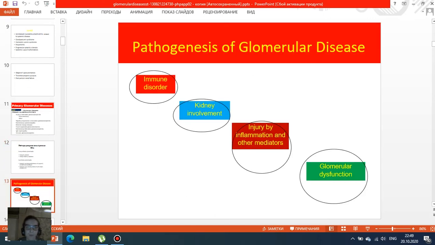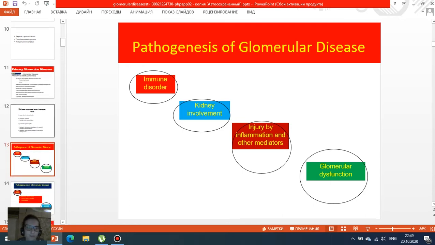In this table you can see pathogenesis of glomerular disease. At first we have immune disorder, next kidney involvement, and next injury by inflammation and other mediators, and glomerular dysfunction.